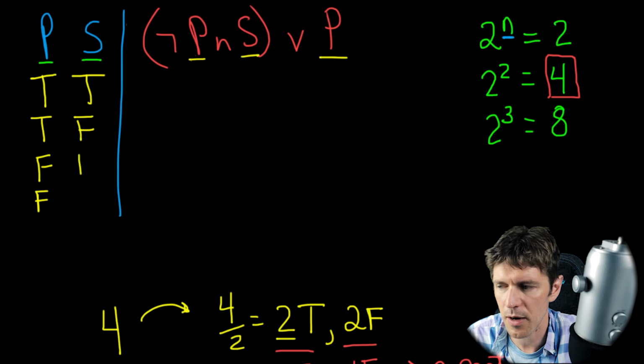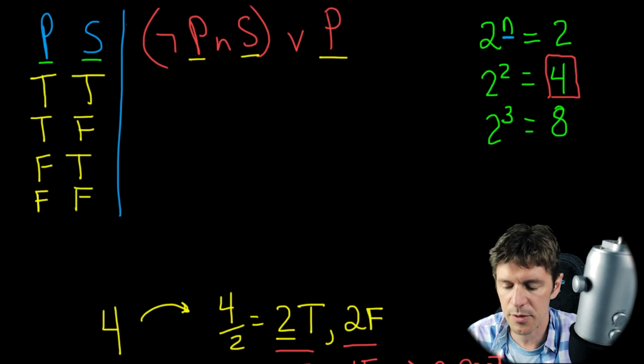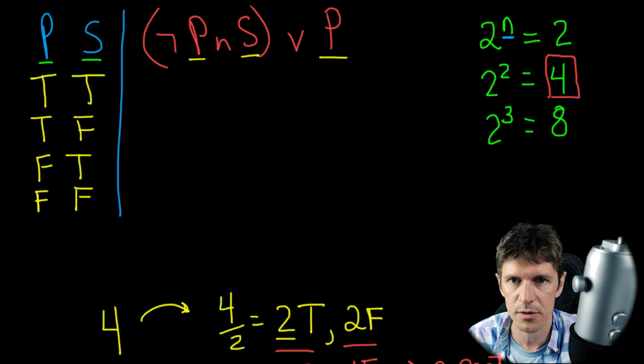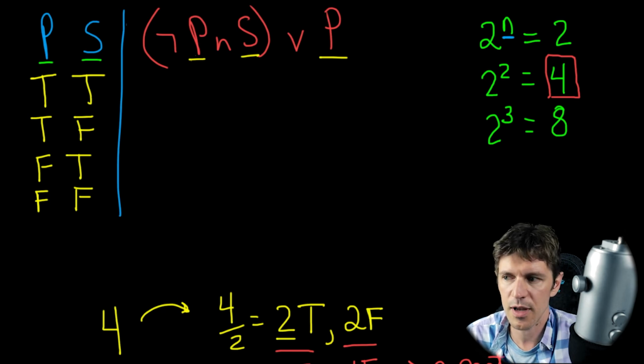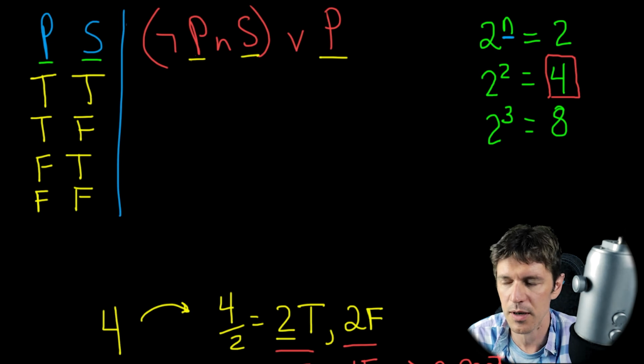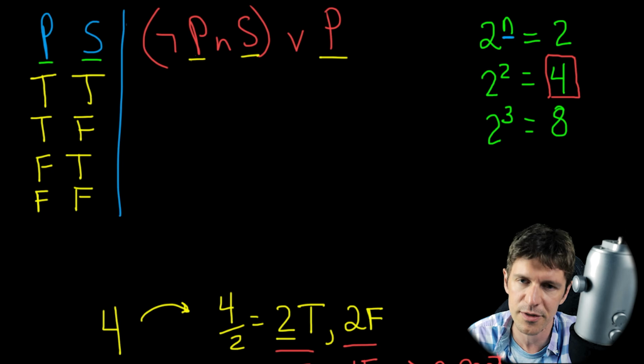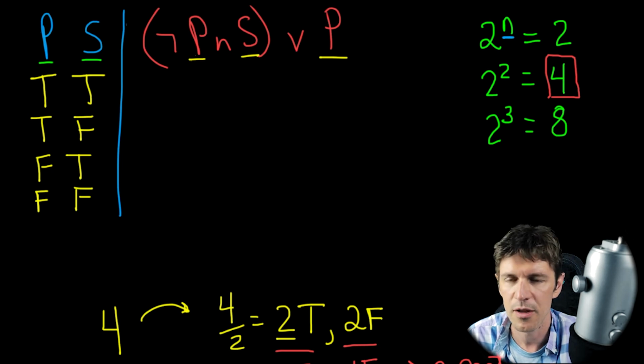Then we're going to repeat the pattern, 1 true, followed by 1 false. In doing this, we ensure that every way of assigning true and false to the propositional letters is covered. There's not another way of assigning the values of true and false to this P and S, because they could both be true, one could be true and the other false, one could be false and the other true, or they both could be false. There's no 5th value, and we didn't duplicate or leave any out.